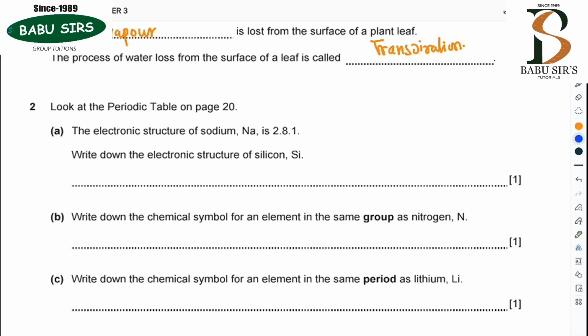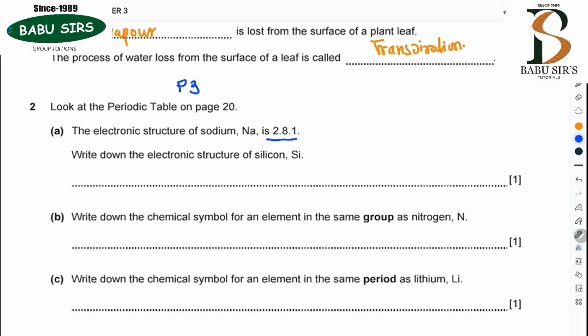Question number 2. Look at the periodic table on page 20. So instead of showing the periodic table, I will tell you where to look. The electronic structure of sodium is 2,8,1. So here you can see 3 shells. So you can look towards P3, period number 3.